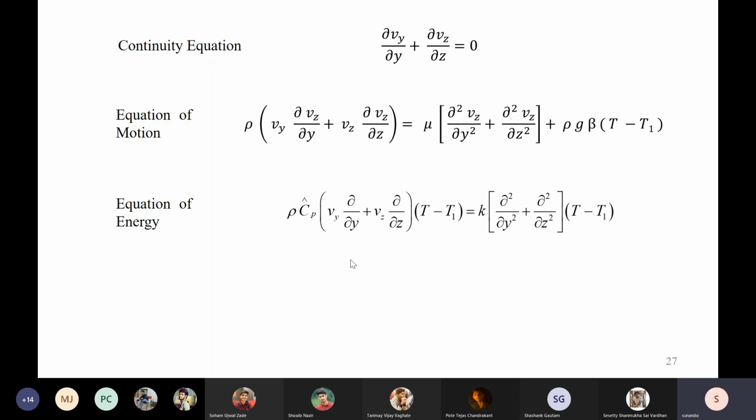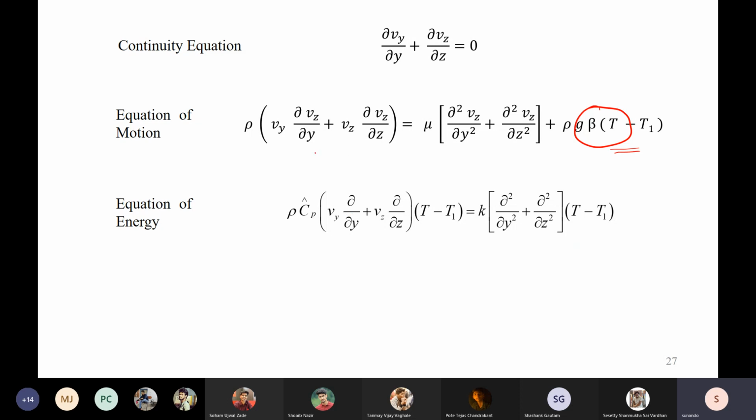The important part which I would like to highlight over here is something you haven't seen previously: a temperature term appears in the equation of motion, and the velocity obviously appears in the equation of energy. In all the equations that you have seen so far, there was no temperature term in the equation of motion. There were velocity terms in both equations.